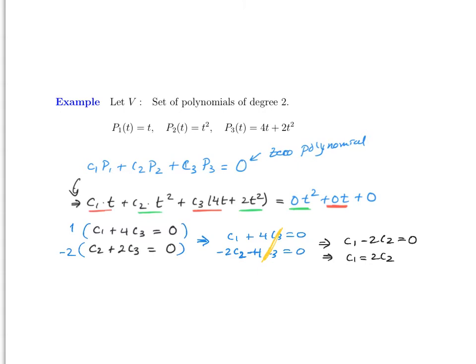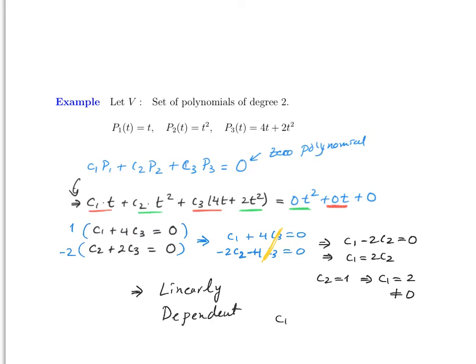So let's say that you pick c2 to be 1, so that implies that c1 equals 2, which is clearly not equal to 0. So in this case, again, these are not linearly independent, they're actually linearly dependent.